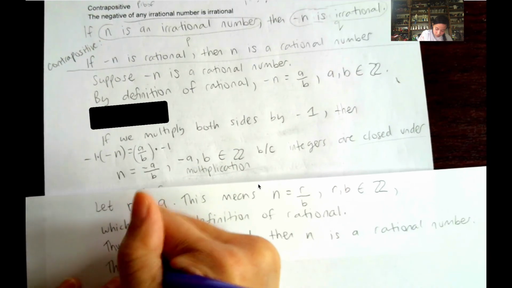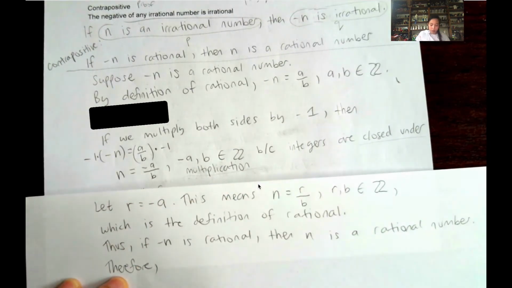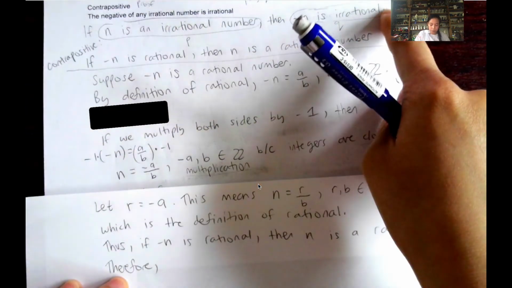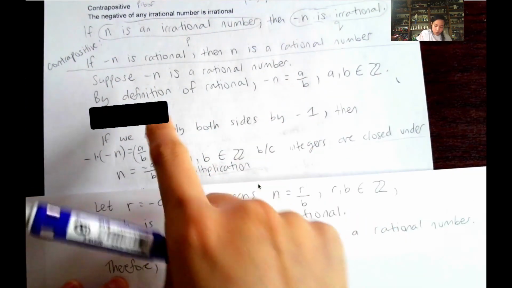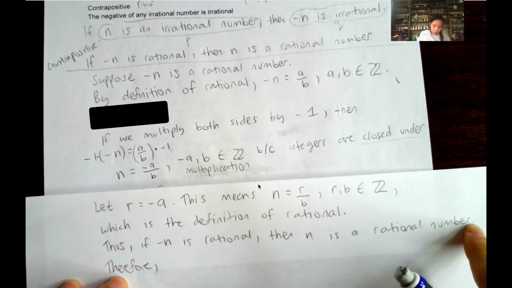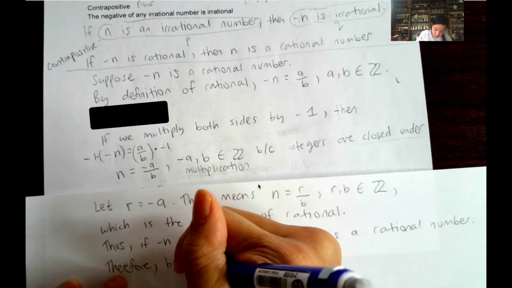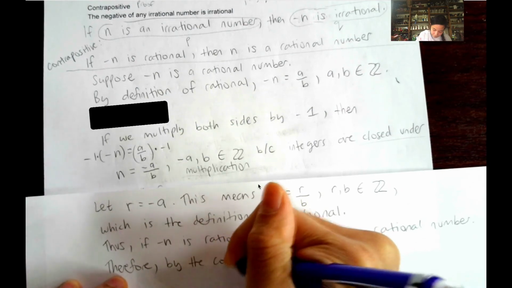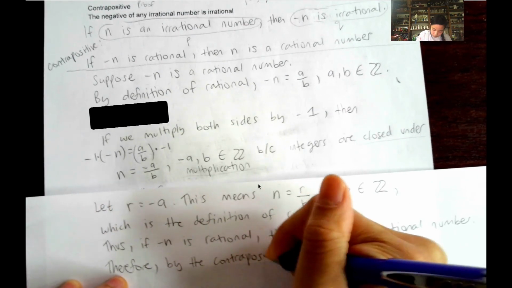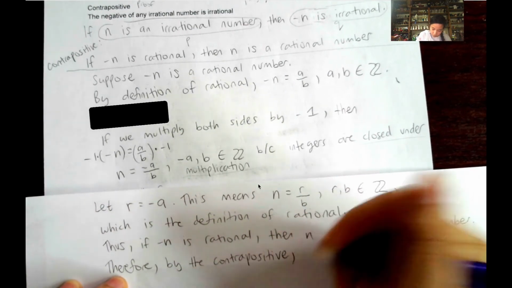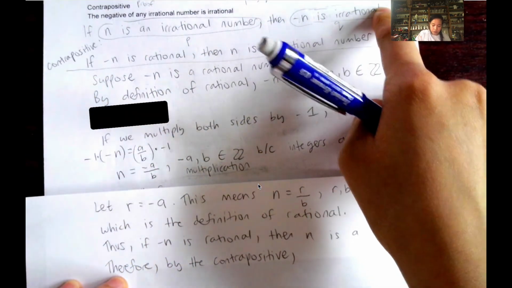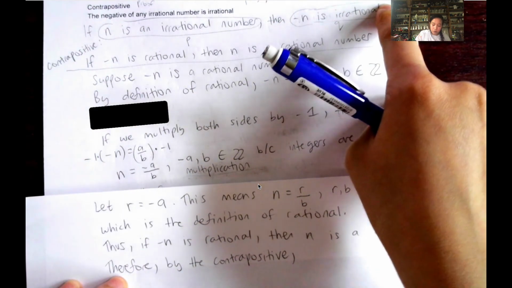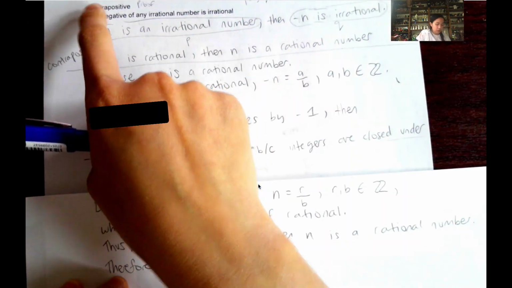Therefore, remember that if we prove the contrapositive, then we prove the conditional. So we just proved the contrapositive, so now we can say, therefore, by the contrapositive, the conditional is true.